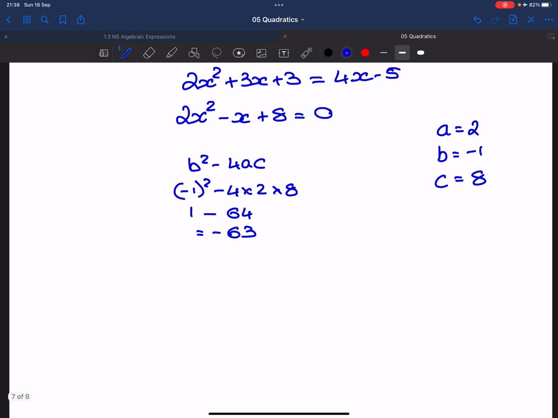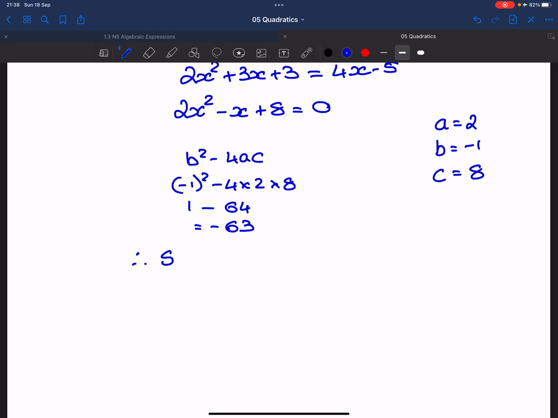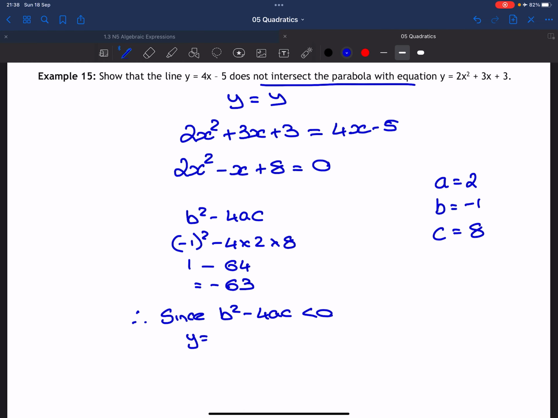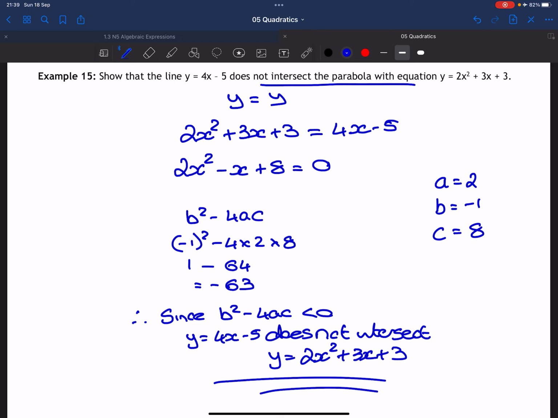So I can finish this off by saying, therefore, since b squared minus 4ac is less than 0, y equals 4x minus 5 does not intersect y equals 2x squared plus 3x plus 3.